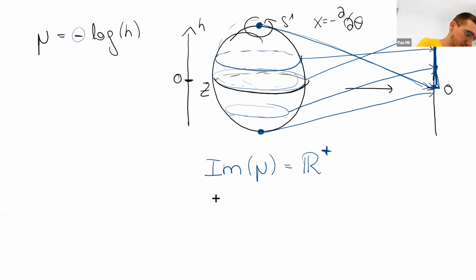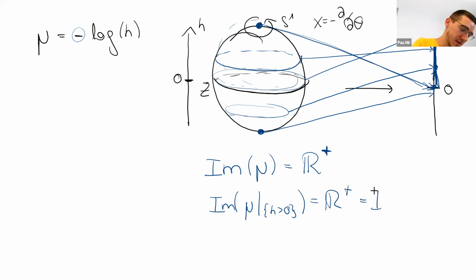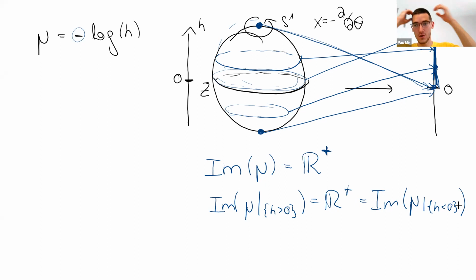So the image of mu restricted to the northern hemisphere is a copy of R plus, and the image of mu restricted to the southern hemisphere is also R plus. So we have two copies of R plus here.